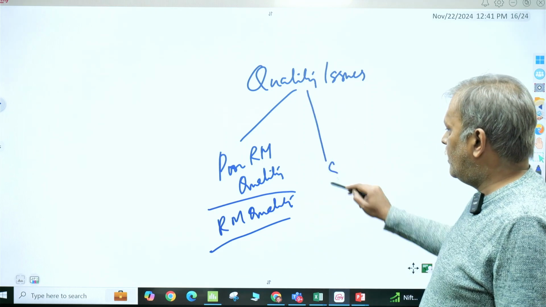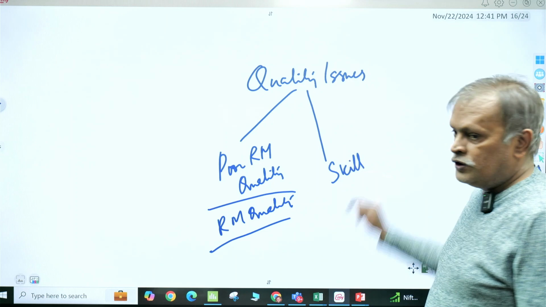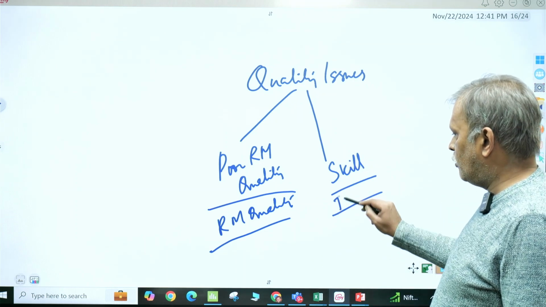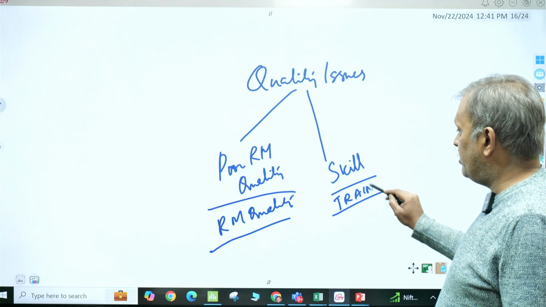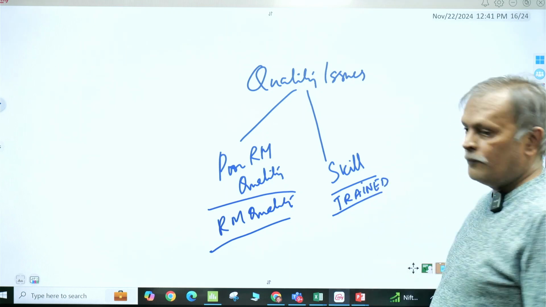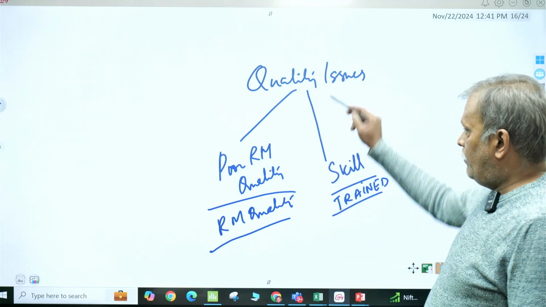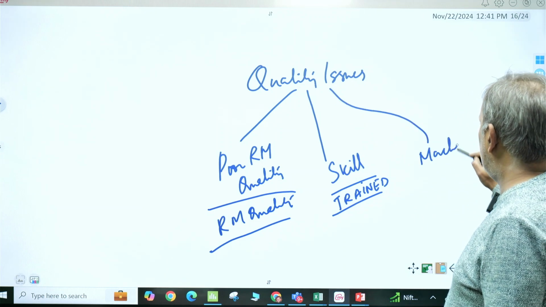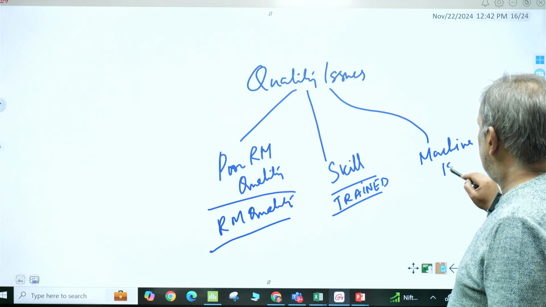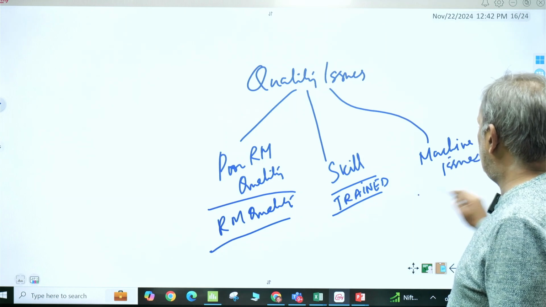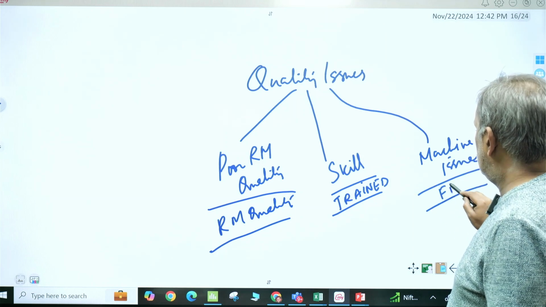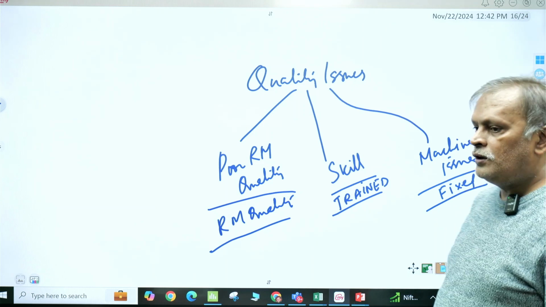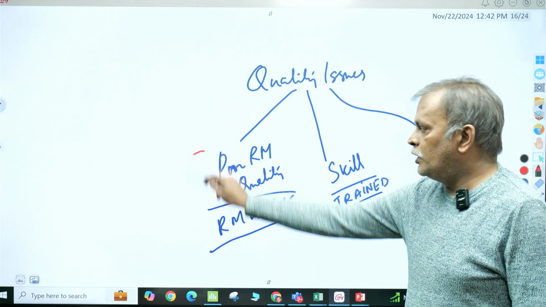You identified that there were some skill issues जिसकी वजह से गड़बड़ हो रहा था. You trained or cross-trained, retrained people. Let's say there were certain machining related issues that you've identified. Now you fix these issues. What is my sustain plan? This has to continue.